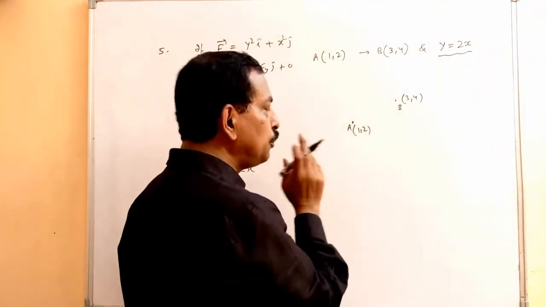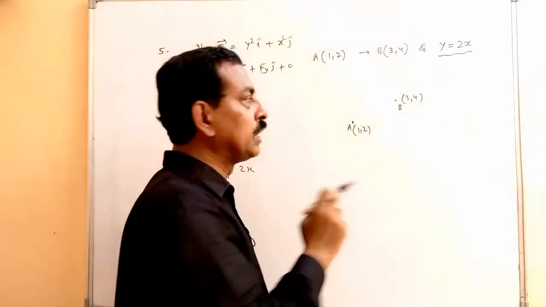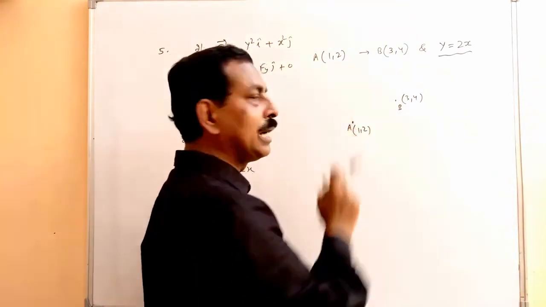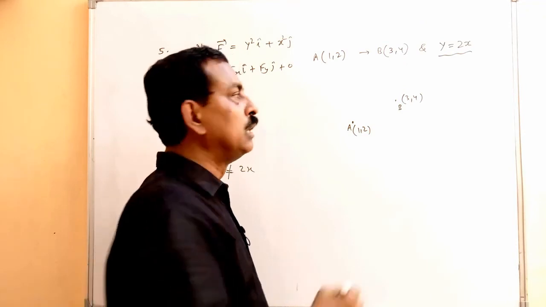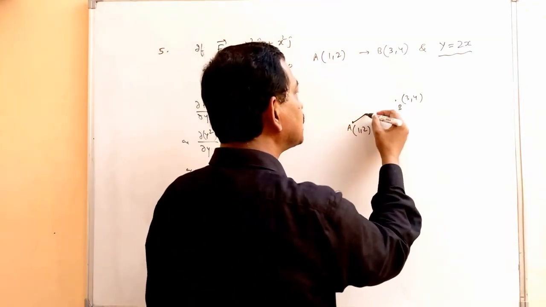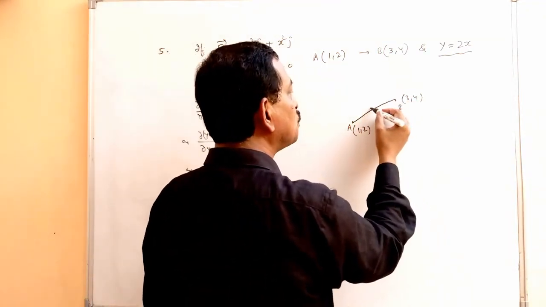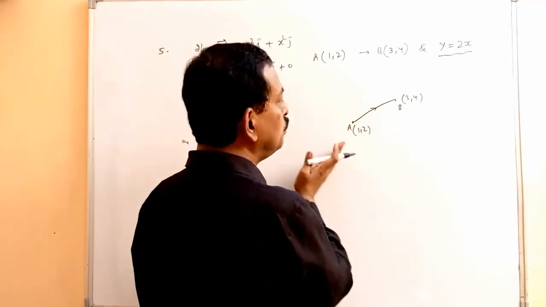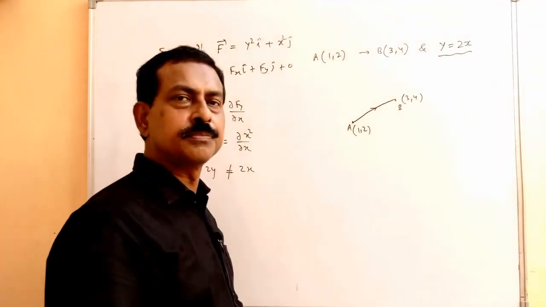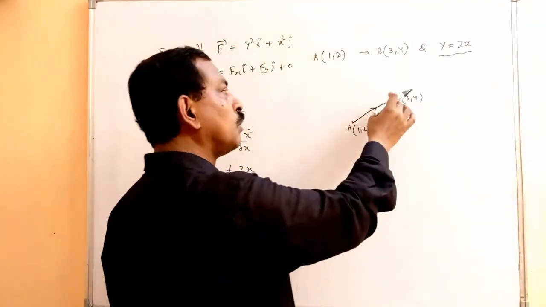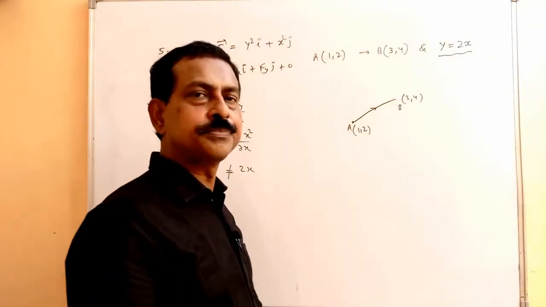Because if we have to find the work done between points A and B, it can be carried out if we displace the body from A to B along this path. This will be the work done, and we can find it.